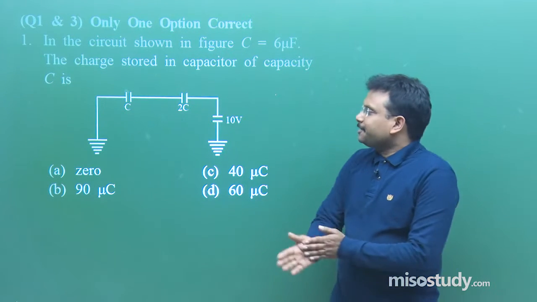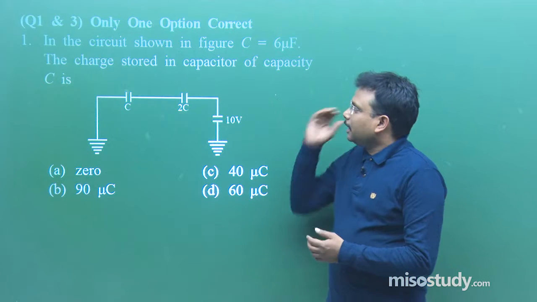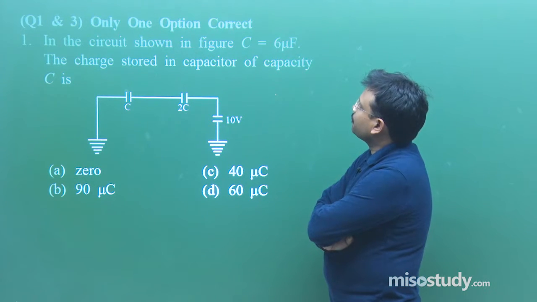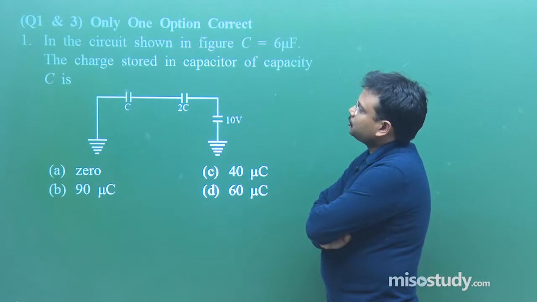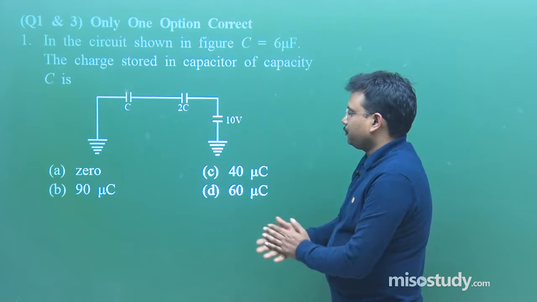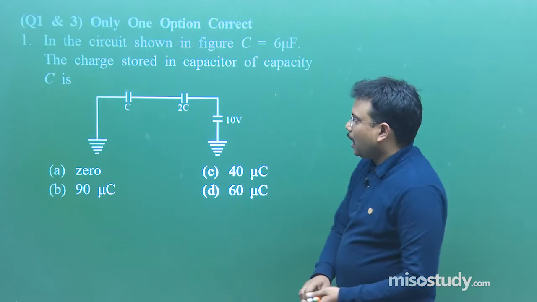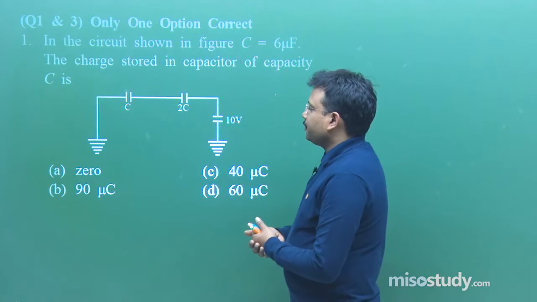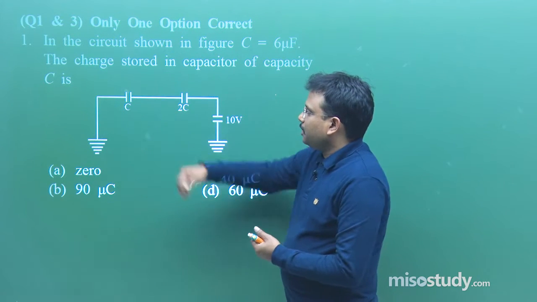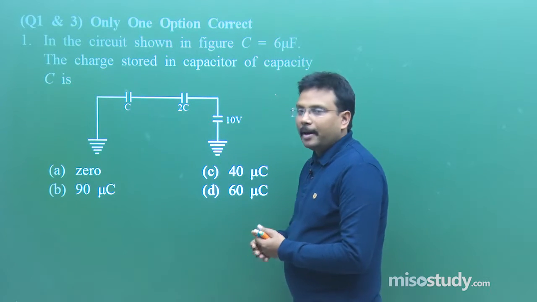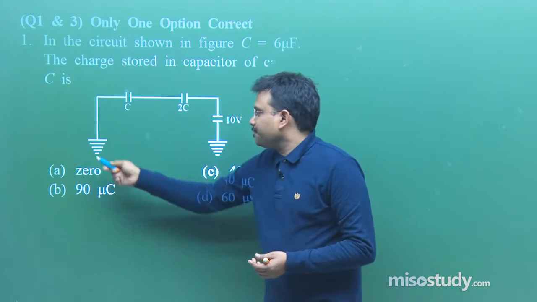Now let us take a look at question number 1, that is, in the circuit shown in figure, C is equal to 6 microfarad, the charge stored in capacitor of capacity C is how much? Fine. So over here you have one circuit in which you are shown the combination of these capacitors, one is C, another is 2C, and it is connected with the 10 volt battery, and this is grounding.